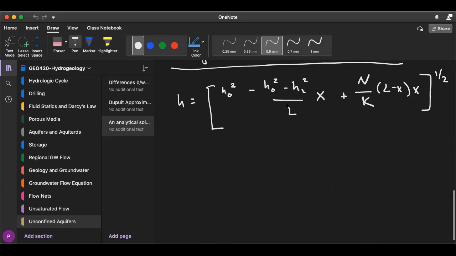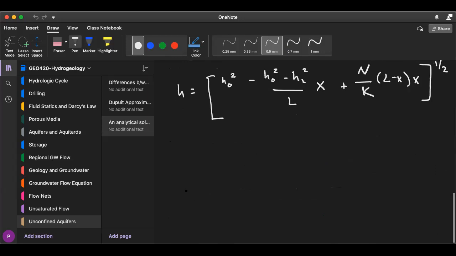That will tell me where the water table divide is, and then I can solve for X. And I'm going to spare us the details of that.